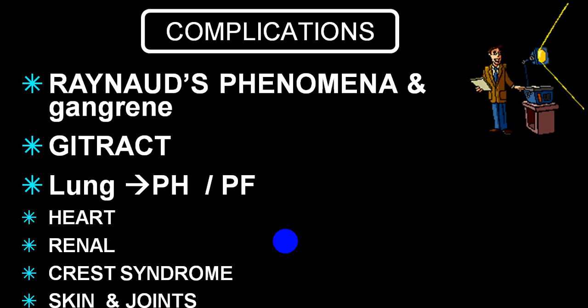In lung, interstitial pulmonary fibrosis, mainly bilateral basal fibrosis, pulmonary hypertension. In heart, it can involve pericardium and myocardium, and can end up with cardiac arrhythmias, pericardial effusion, and restrictive cardiomyopathy. Kidney can be involved, leading to proteinuria, and there can be renal crisis, CREST syndrome, skin and joint involvement, etc.